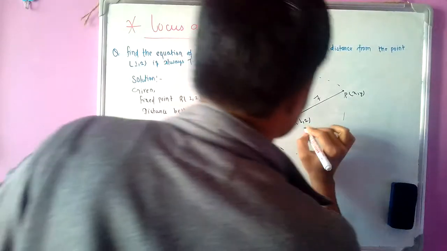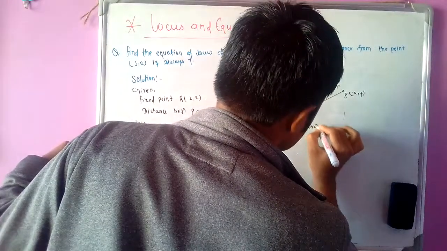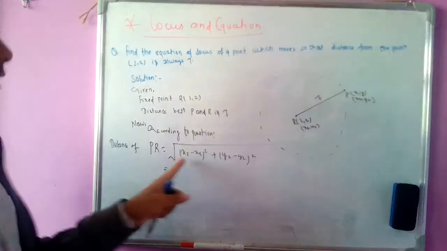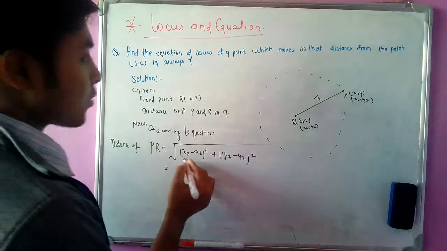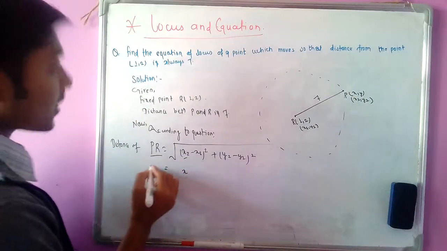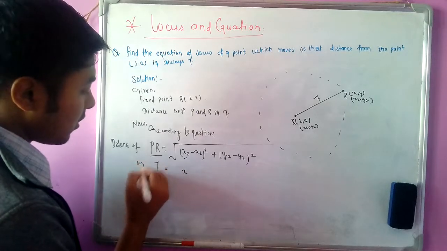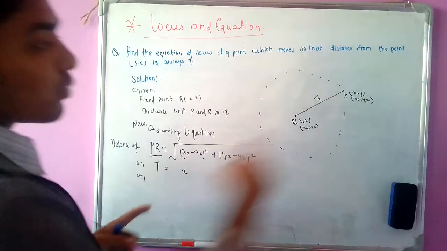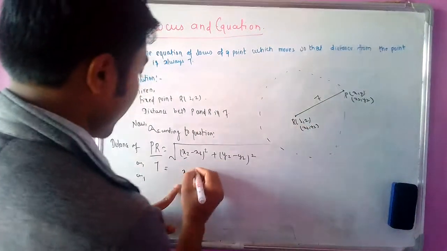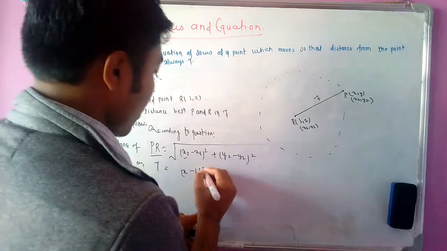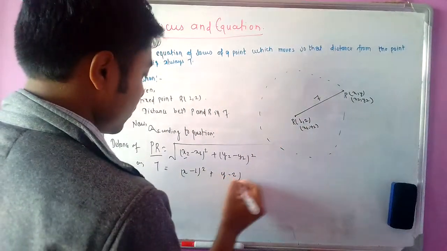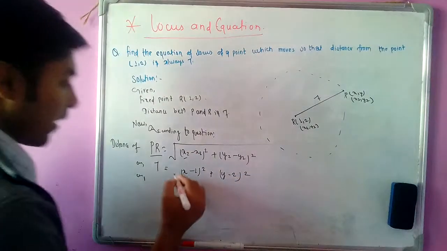Let this point be (x1, y1) and this point (x2, y2). For x2 we have x, and x1 is 1, so (x minus 1) whole square. For y2 we have y, and y1 is 2.